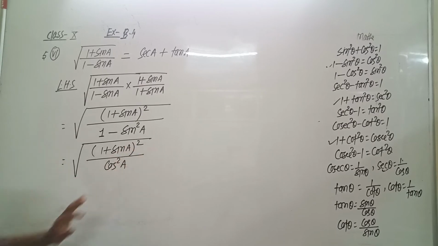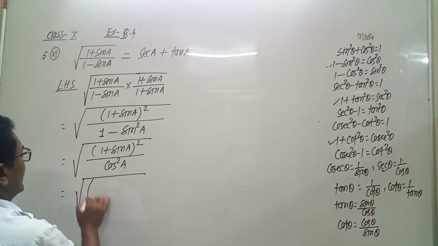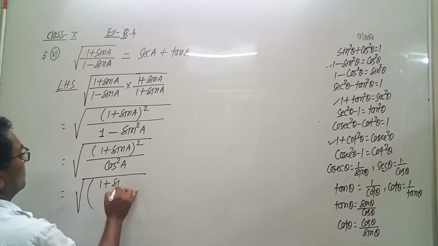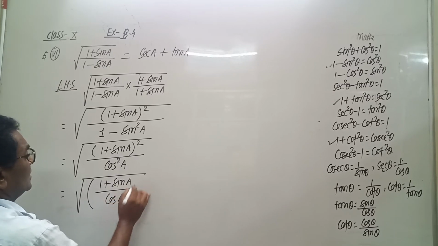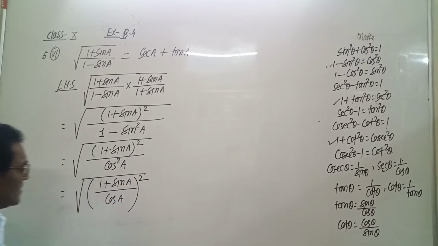Both are terms containing a square, so both squares would be taken in a single bracket, and we may write in this form (1 plus sine A upon cos A) the whole square.